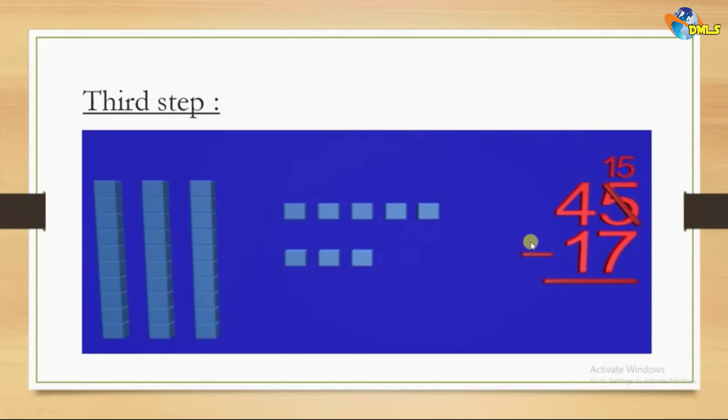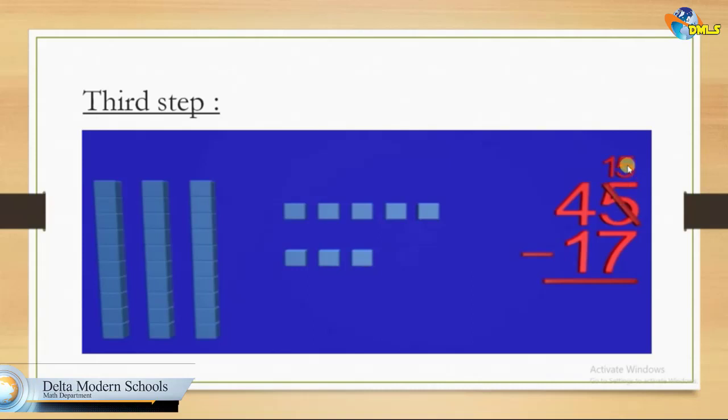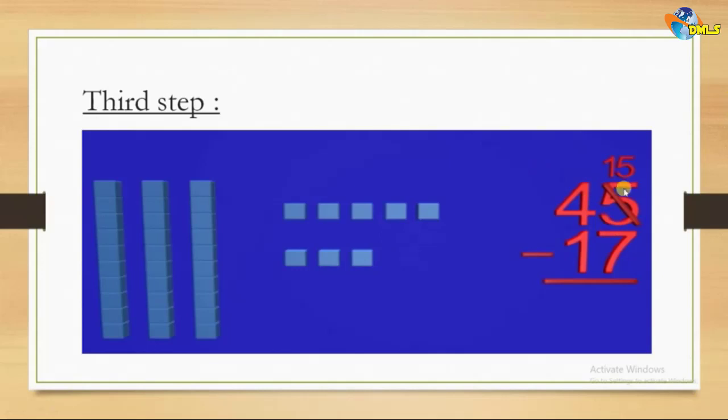Yes, 8. So 5 ones becomes 15 ones. How can we make this? By taking away 1 ten from the 4 tens. We borrow 1 ten from the 4 tens. So 5 ones becomes 15 ones.